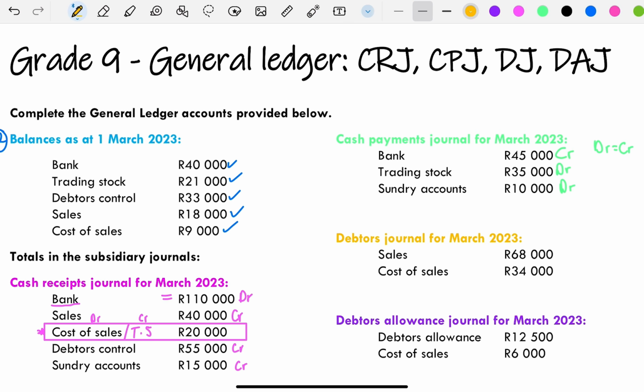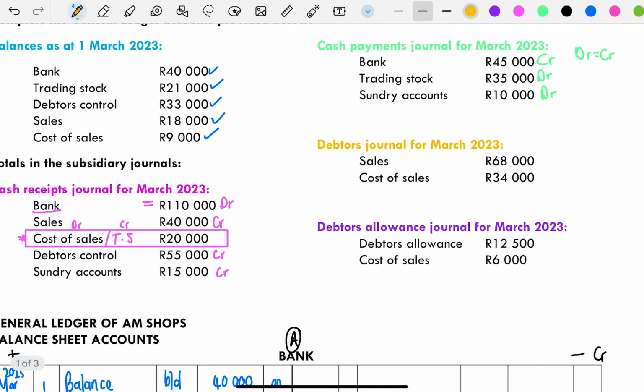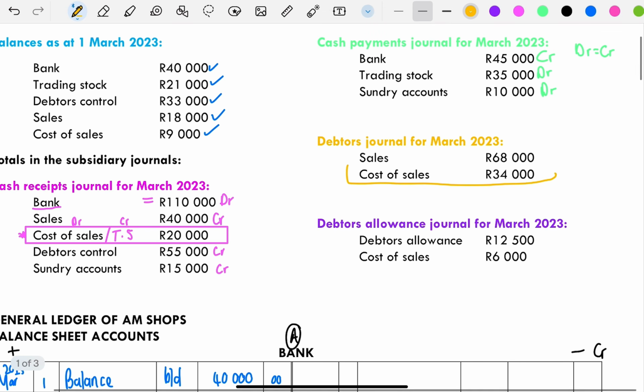The next journal is our debtors journal. Now, for the debtors journal, the only transaction that goes there is credit sales. So as you can see, we've got 2 columns, one with sales and one with cost of sales. So as I said, with cost of sales, if you can remember that cost of sales always relates to trading stock, you'll see that exactly what we did in the CRJ, we're going to do here.